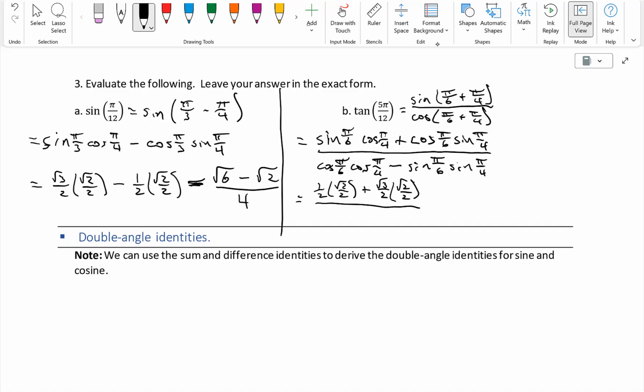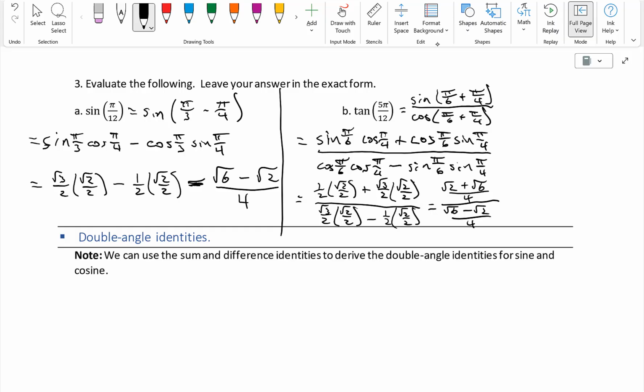And for my denominator, cosine pi over 6, the root 3 over 2, times cosine pi over 4, the root 2 over 2, minus sine pi over 6 is my 1/2, times sine pi over 4, my root 2 over 2. And so if I multiply all these out, I get a rad 2 plus rad 6 over 4, all divided by rad 6 minus rad 2 over 4.